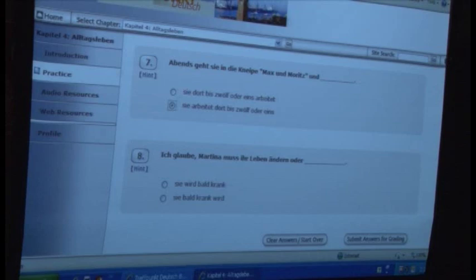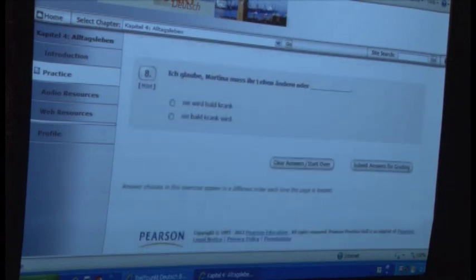Ich unterrichte abends, habe Vorlesungen, aber ich arbeite nicht in einer Kneipe. Ich glaube, Martina muss ihr Leben ändern oder sie wird bald krank. Ja? Oder is one of the old conjunctions, no change, verb second.